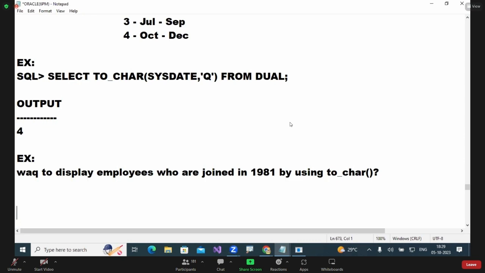By using operators, one technique, BETWEEN and LIKE, we can fetch our 1981 people. But here I'm not using any LIKE operator, I'm not using any BETWEEN operator. Instead, there is one more way of fetching these values, by using TO_CHAR.